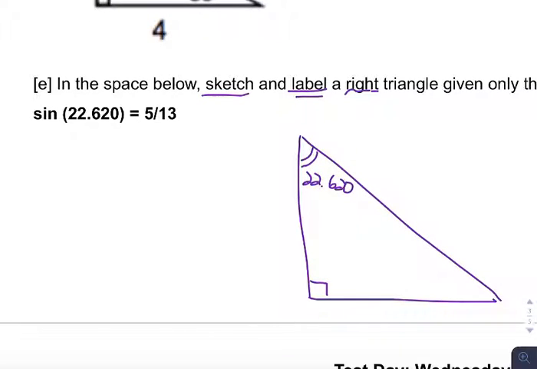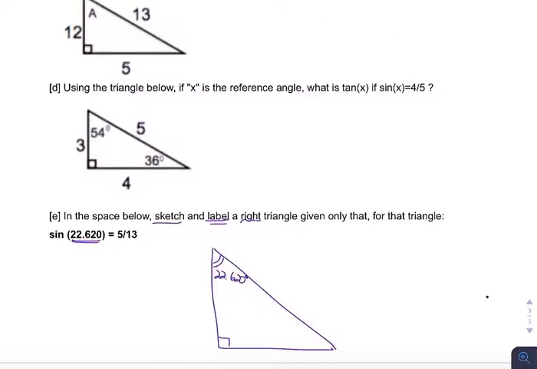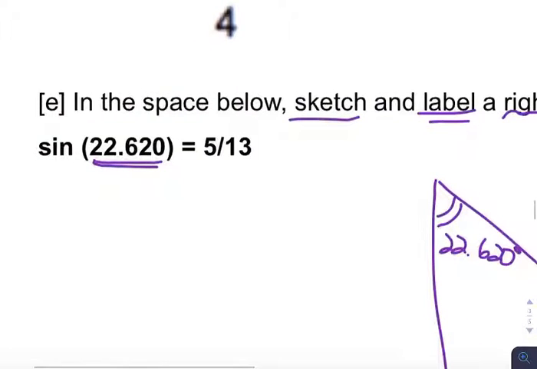And so we know this angle because we have this angle here as the argument of the sine function. So we're taking the sine of this reference angle, 22.620. And so the question is, how do you find all the rest of the sides? Well, to find the rest of the sides, what we have to do is remember what the sine ratio is.